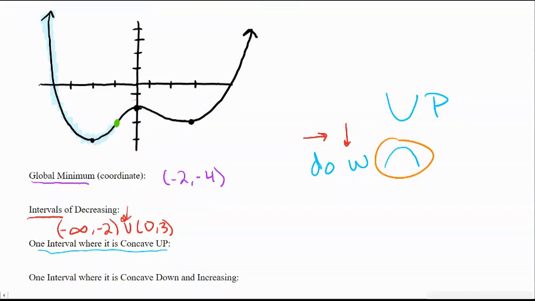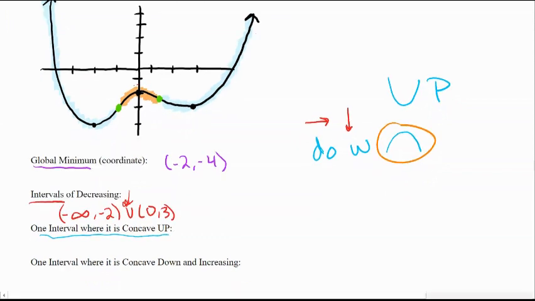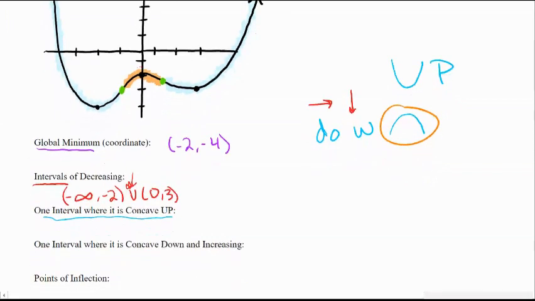It looks more like this along this part right here. And then from there, another point, let's say right here, is where it changes to being concave up again. So this part here is concave up. So you see that there's two pieces that are concave up and one piece of our function that is concave down.